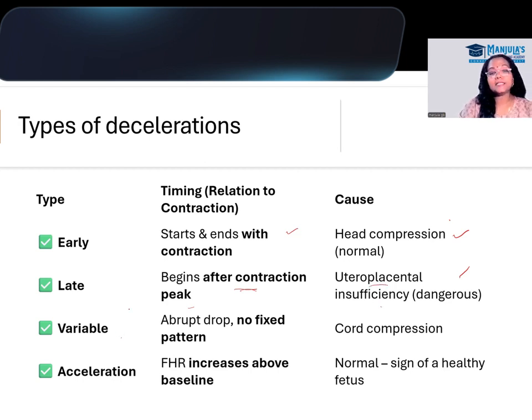Then variable deceleration means there is an abrupt drop and there is no fixed pattern to it. That indicates the cause is cord compression. Then acceleration. Acceleration means fetal heart rate increases above the baseline, which is normal, and it is a sign of a healthy fetus.